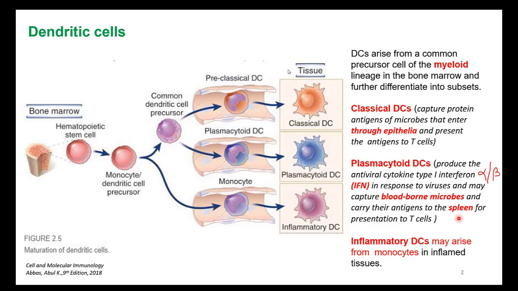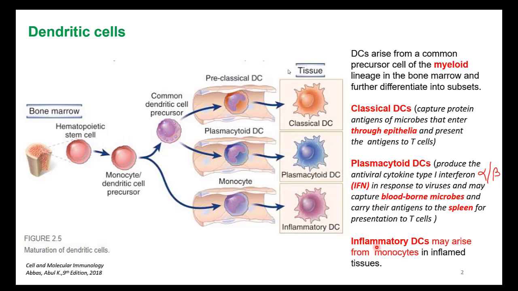Then these guys catch the pathogen, go to the spleen, and present the pathogen to naive T cells, and they also start ramping up the actions of your adaptive immune response. And in the process, if pathogens are floating in your bloodstream and they get to the spleen, they can also be destroyed there.